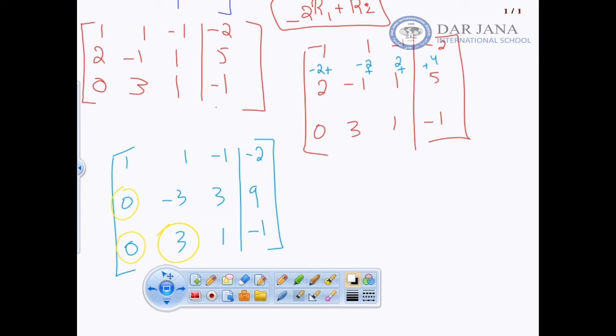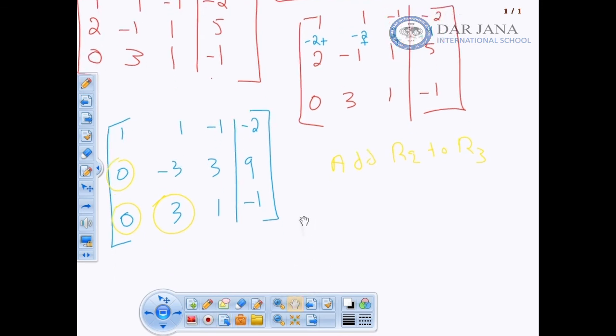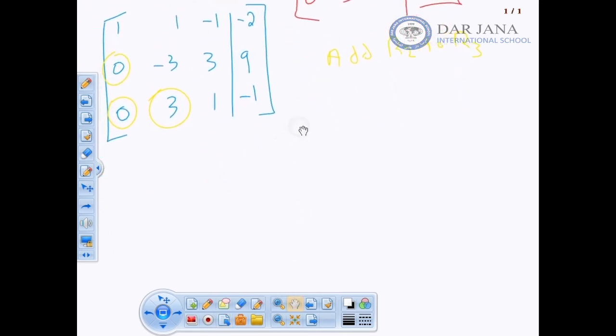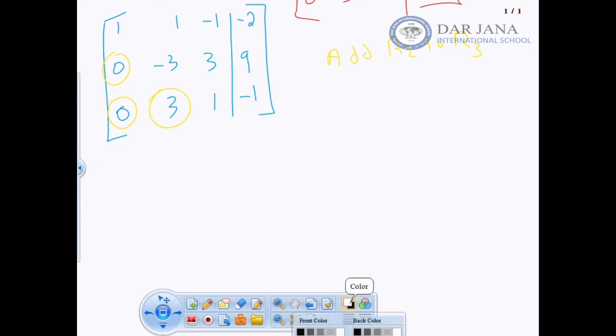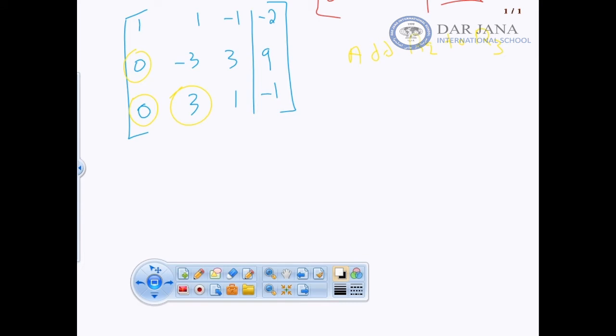Let's add R2 to R3. We will add R2 to R3.